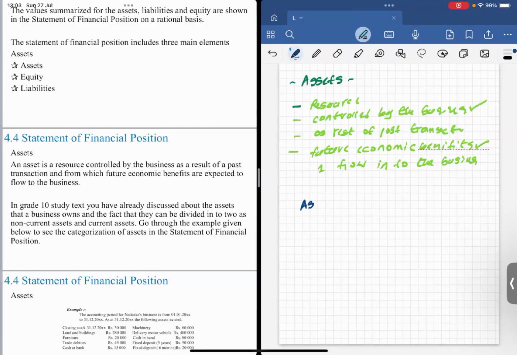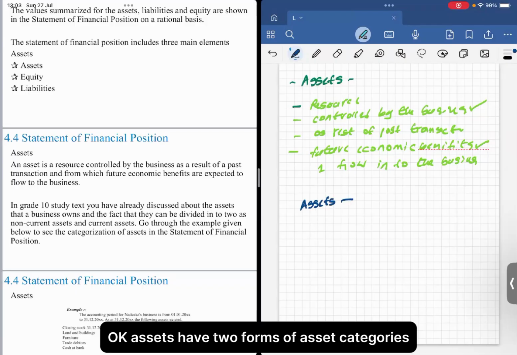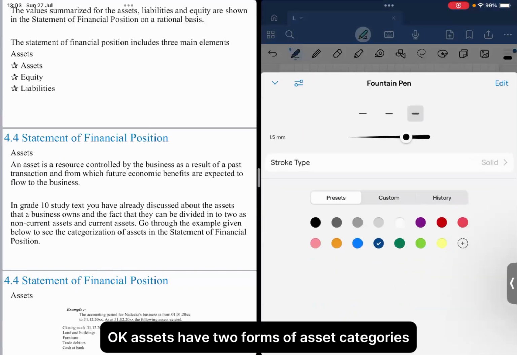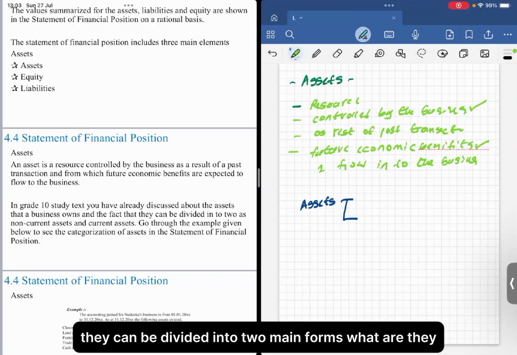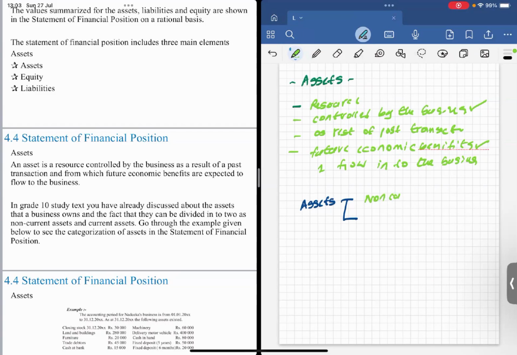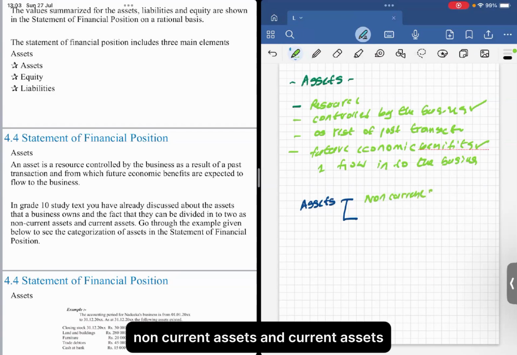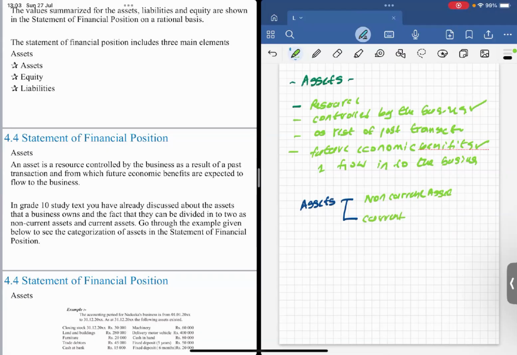Now, when we talk about assets, assets have two forms of asset categories, or we can say assets have two main types. They can be divided into two main forms. What are they? Non-current assets and current assets.